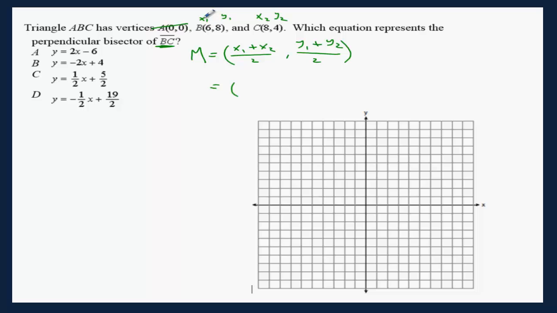So 6 plus 8 over 2, 8 plus 4 over 2. 6 plus 8 is 14, divided by 2 is 7. 8 plus 4 is 12, divided by 2 is 6. So the midpoint is (7, 6). You're looking for the line passing through this point.